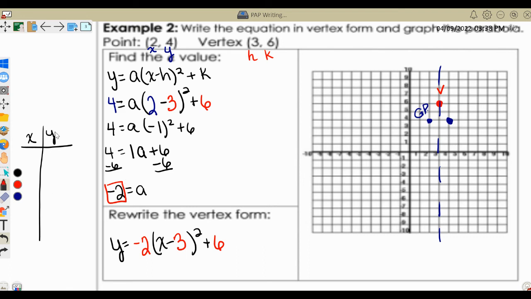So I know I have a vertex at 3, 6. I know I have a point at 2, 4. And by axis of symmetry, we were able to find another point at 4, 4. Okay? But let's go ahead and see if we can graph one more point on each side of our vertex. So if I do 1 and 5, okay?